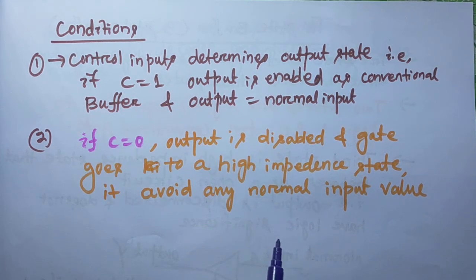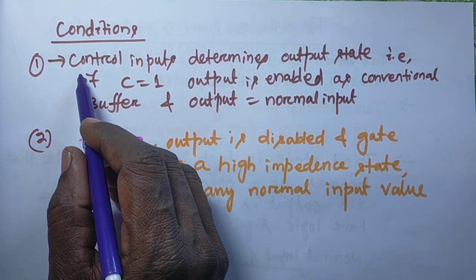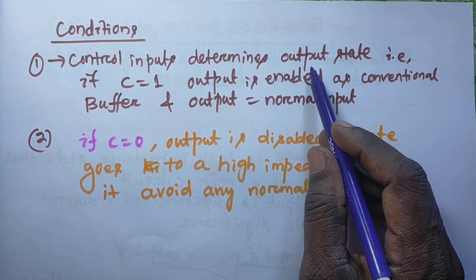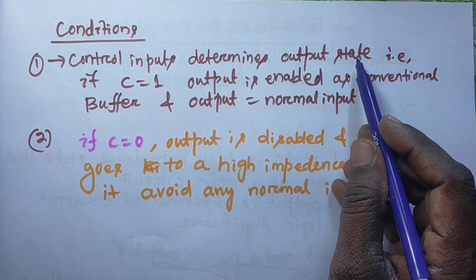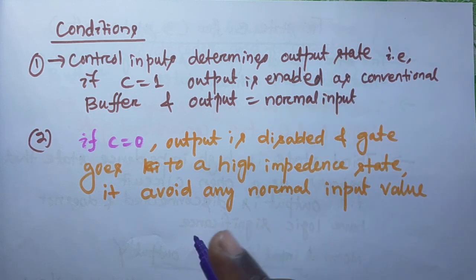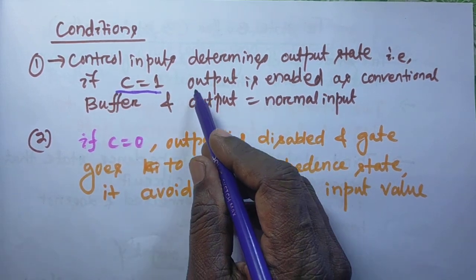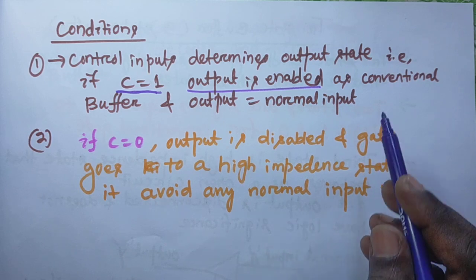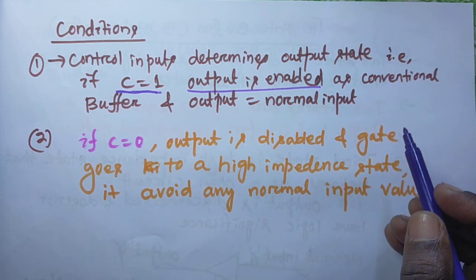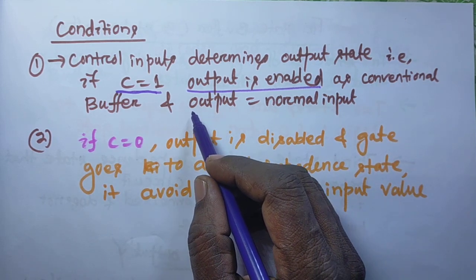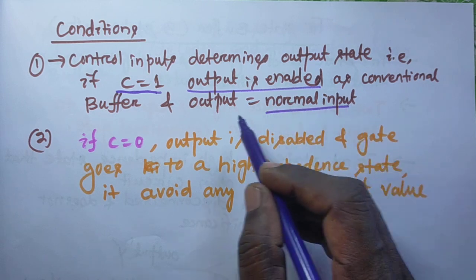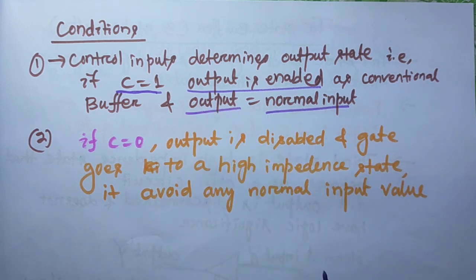I already mentioned there is a control input. The control input determines the output state. Because if C is equal to 1, then the output is enabled as a conventional buffer, and the normal input is considered as the output. If C is equal to 1, this is the first condition for the tri-state buffer.